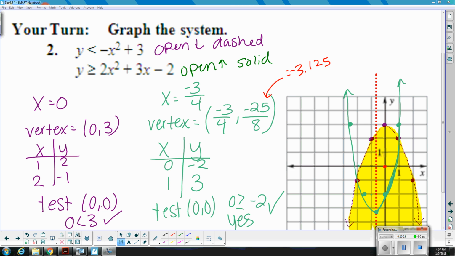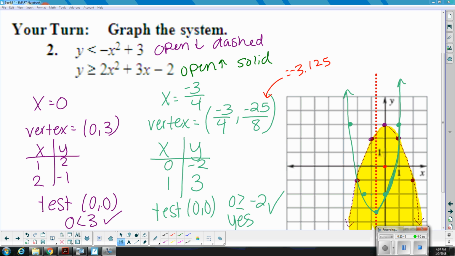All right, so the second one was a little bit trickier because you got a fraction for the line of symmetry. So for sure, anytime I get a fraction, I like to draw that line of symmetry in because it helps with the graphing. So then you get your vertex of -3/4 and -25/8.